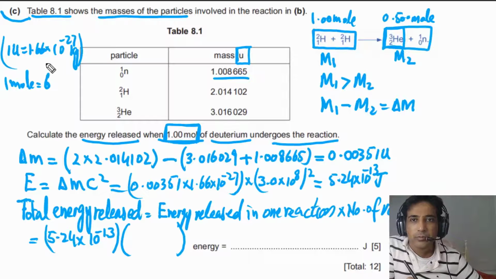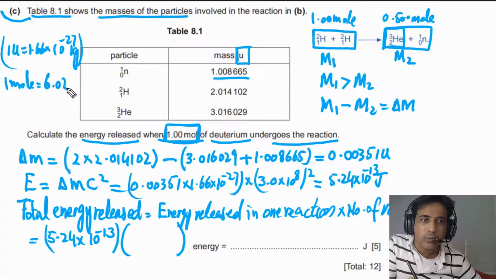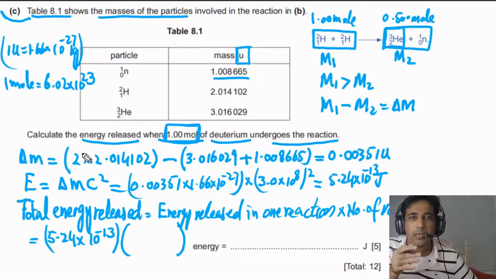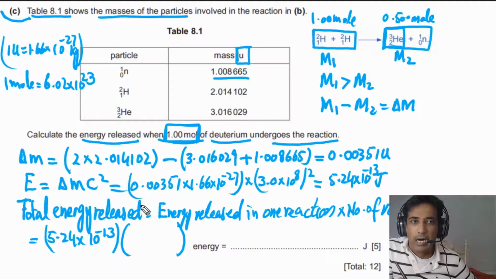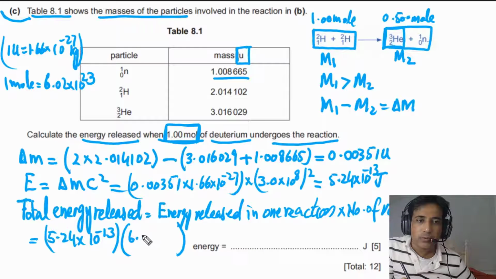So this will be equal to 6.02 times 10 to 23 atoms or molecules, or nuclei. But in this case we have half, so we will write down 6.02 times 10 to 23 divided by 2.